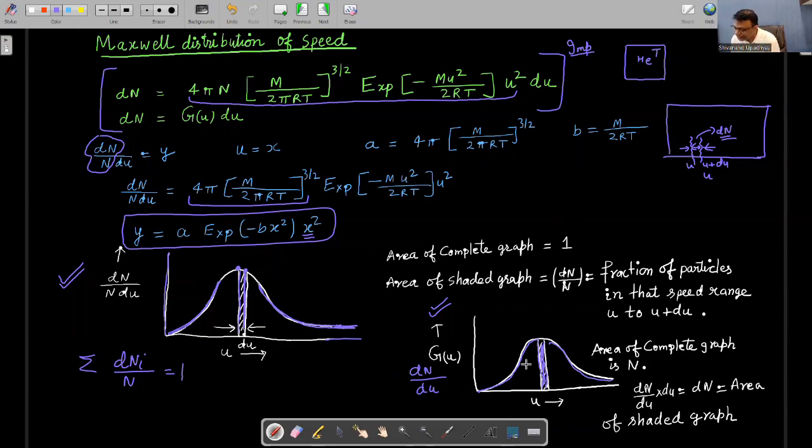If I take this graph in small strips and find the summation of all of them, the summation of dni is equal to the number of particles in the container. So be careful about this when the examiner is asking. If it is the number of particles in a particular speed range, then the area of this graph represents the number of particles. If it is the fraction of particles in a particular speed range, then the total area under the curve is equal to 1. So I think there should not be any confusion.